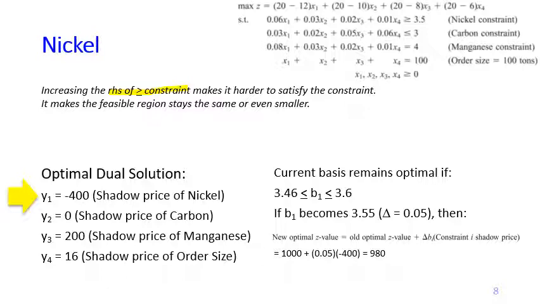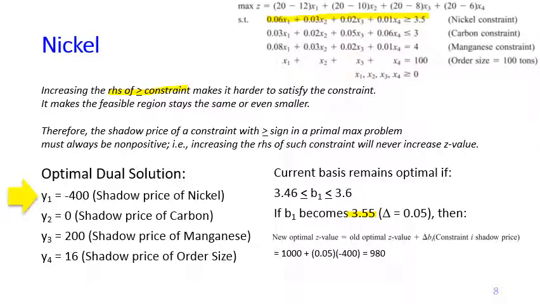Imagine that in the original problem, the nickel constraint says that you must produce the order with at least 3.5 tons of nickel. Now the requirement is increased. Your order must contain at least 3.55 nickel. So it is getting harder, right? That's why the feasible region at least stays the same or even gets smaller.